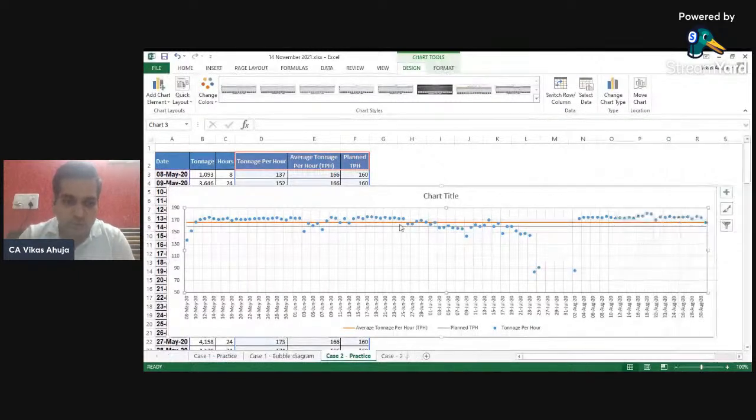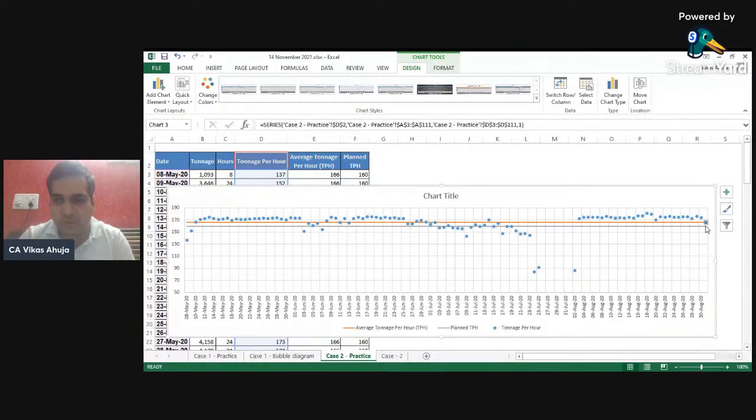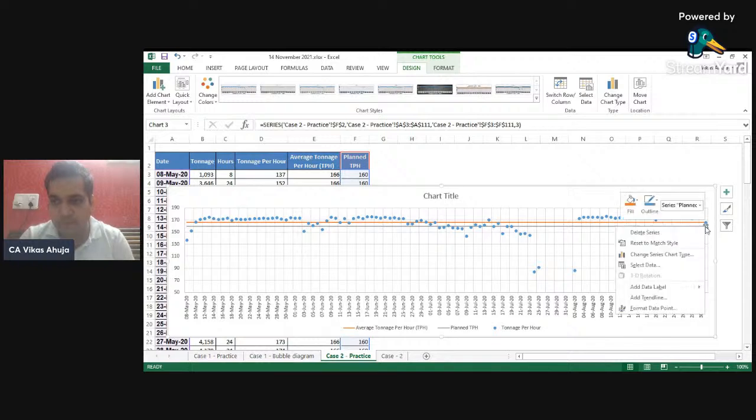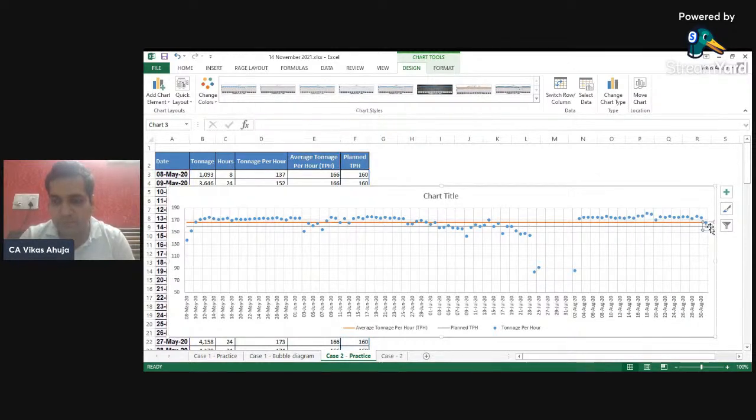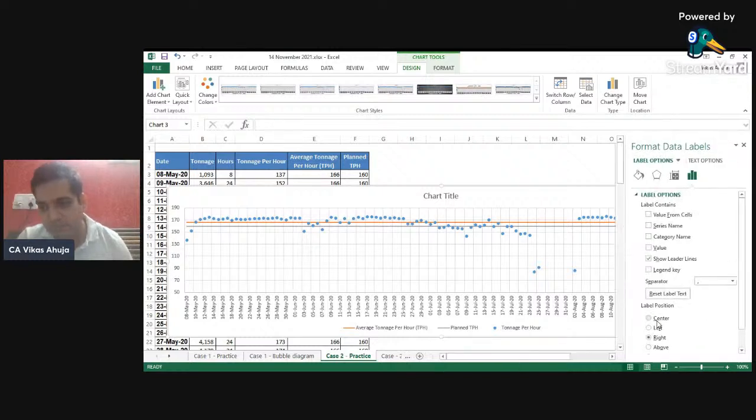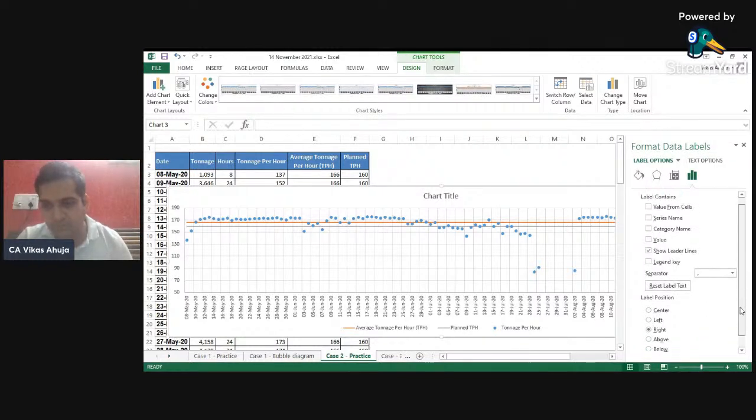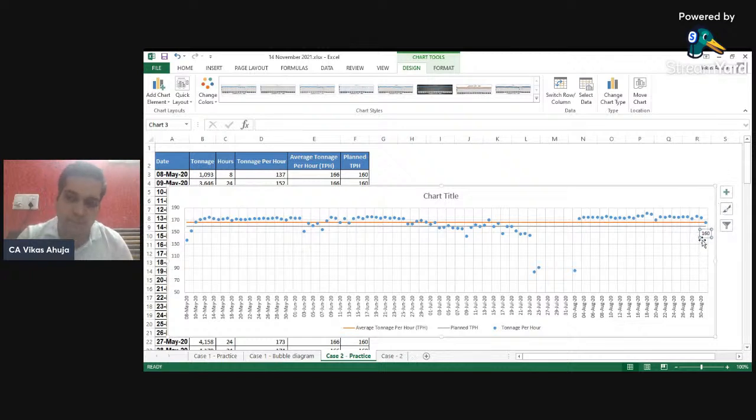Okay. So as you see, the planned TPH is this line, which is 160.